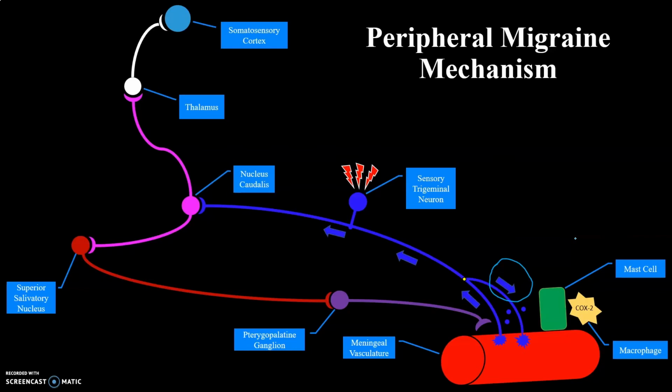And these neuromodulatory molecules, the exact functions of them are not well known, but they have been shown to be involved in increasing inflammation and depolarizing not only the sensory neuron that's releasing them, but also surrounding sensory neurons.